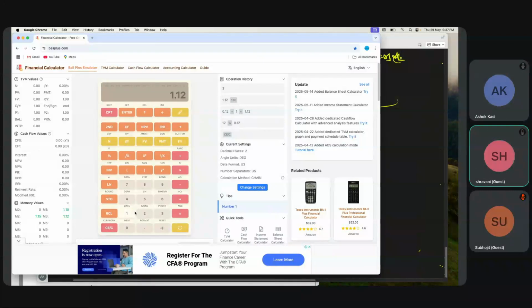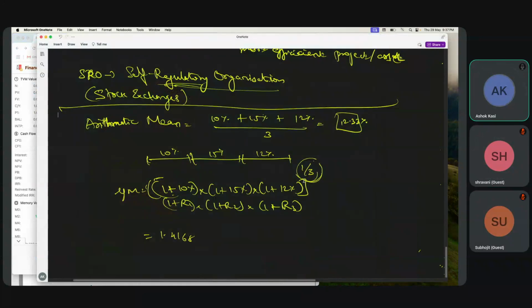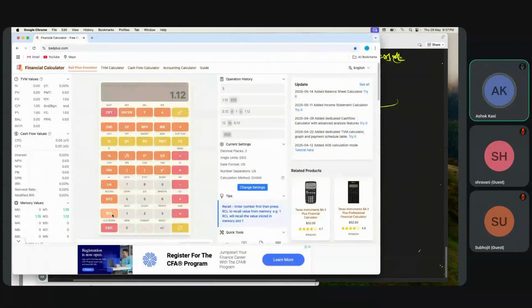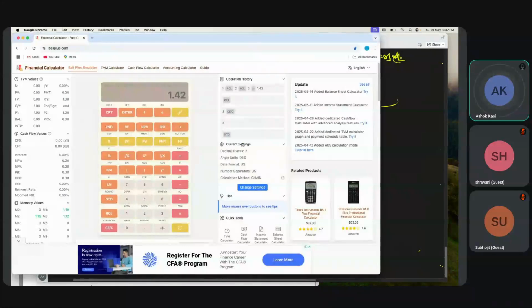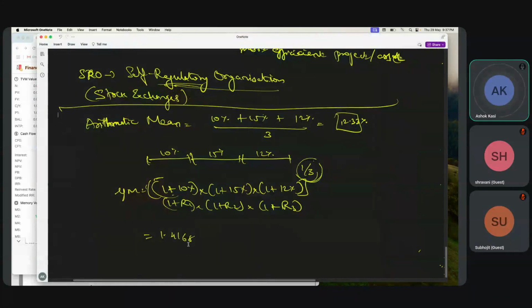Yes, sir. Okay, done. Now see, I want to multiply all this, right? So I will do recall 1 into recall 2 into recall 3 equal to 1.42. Why am I getting 1.42 and here 1.4168?